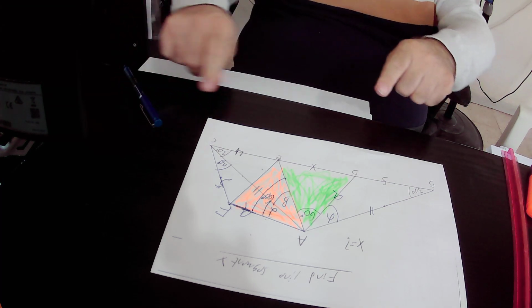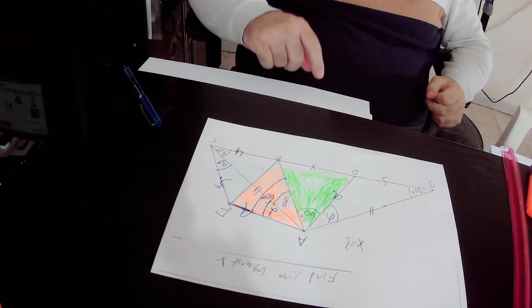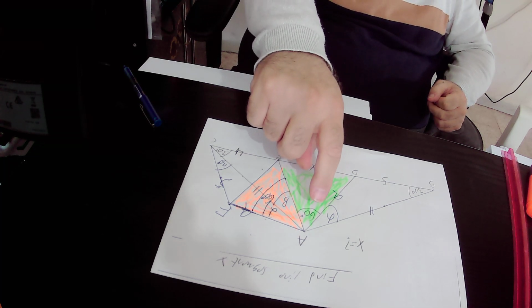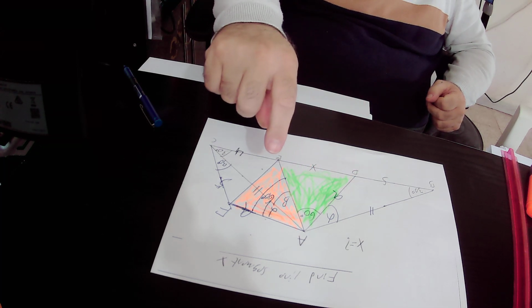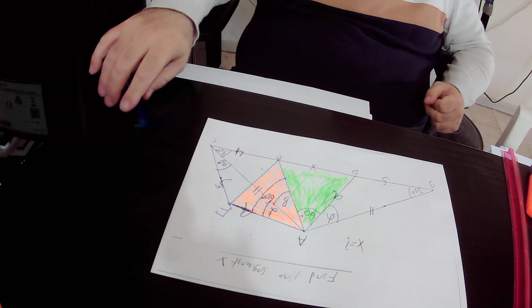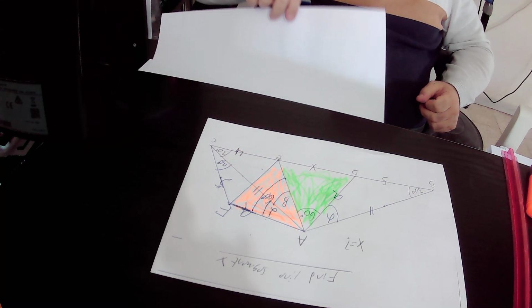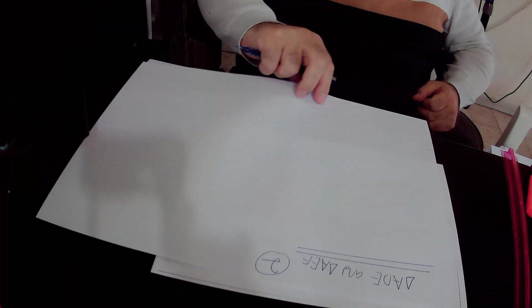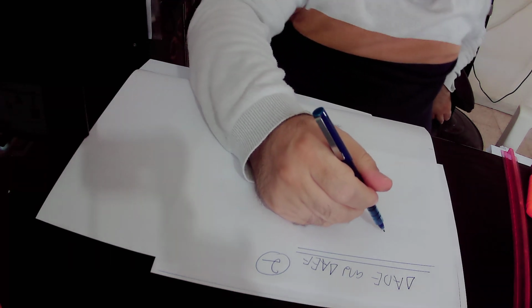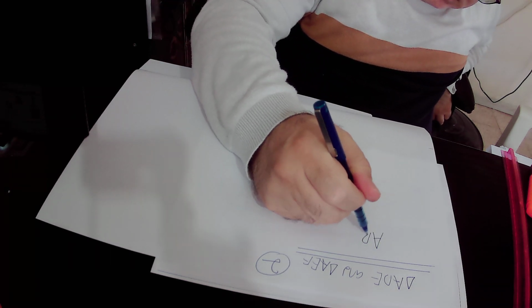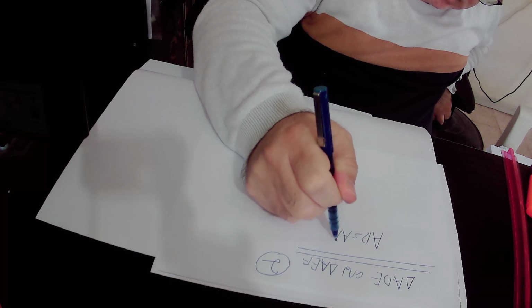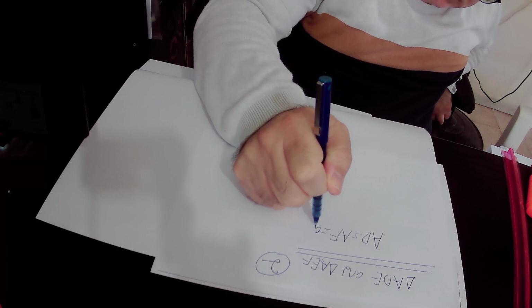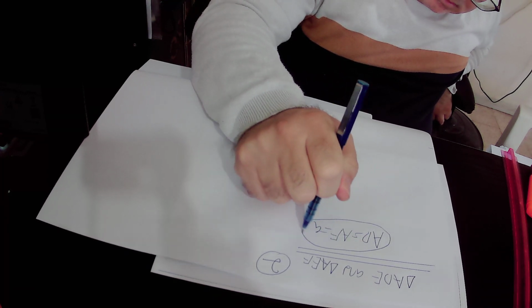First of all, we just found out that side AD in the green triangle is equal to side AF in the orange triangle, and they are both equal to A, therefore they are equal to each other.